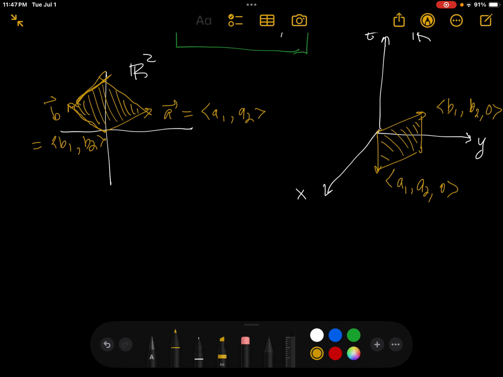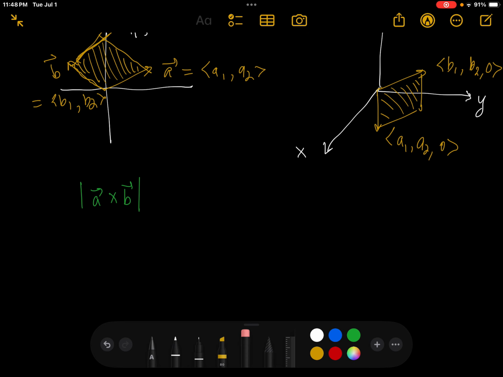And what would be the magnitude of the cross product? Well, you have the magnitude of A cross B, and for A cross B, we have this kind of mnemonic, right?